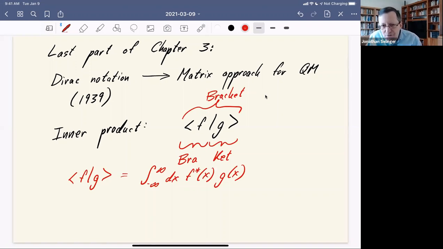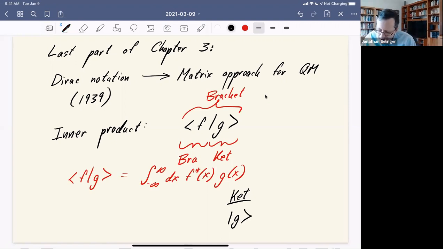So if Dirac wants to break this up into the front half and the back half, the back half, the ket, this is something which we will just write as |g>, like that.